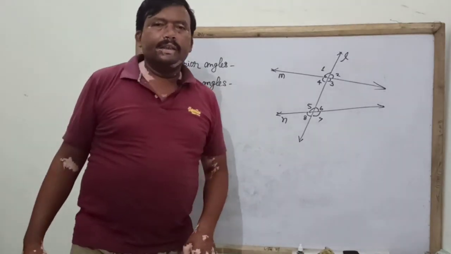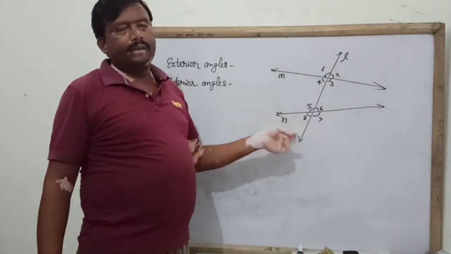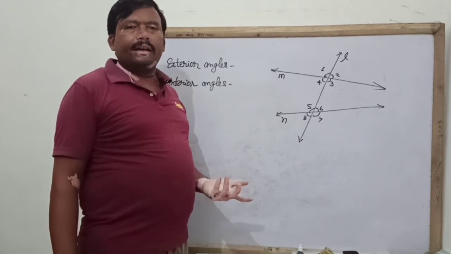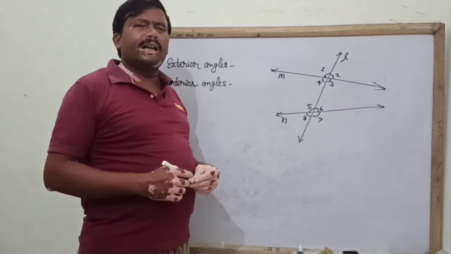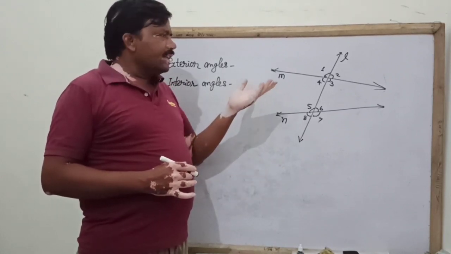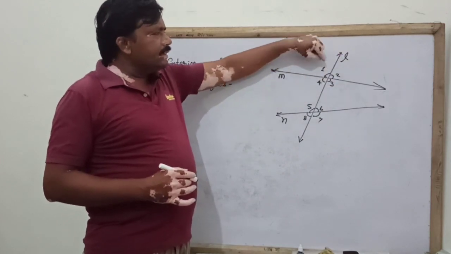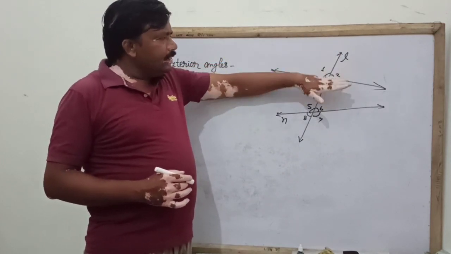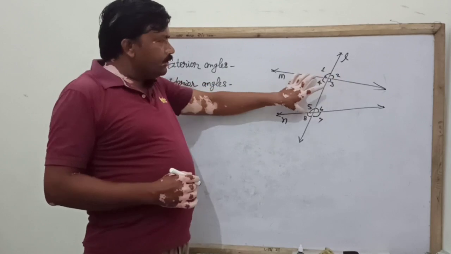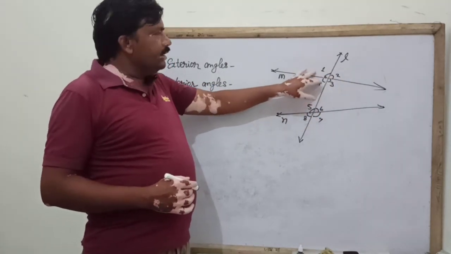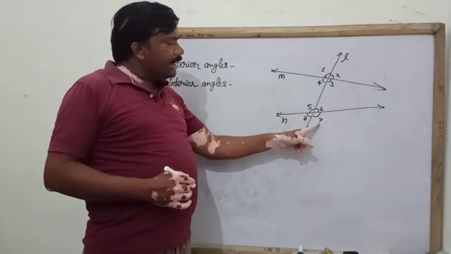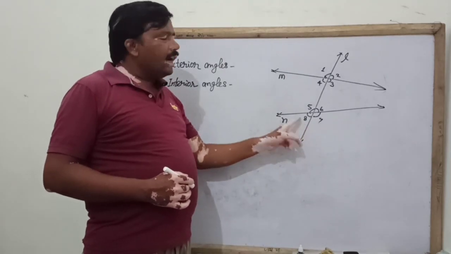Exterior angles are those which are outside these two lines. These are outside, and these are also outside.